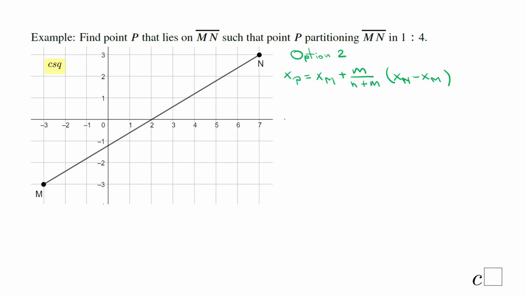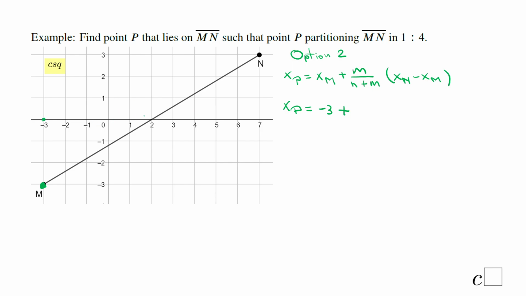And now let's put them in. If you need to label and identify, go ahead. And we have xm, which is the x coordinate of this point m, which is, if you notice, -3. Let me show you that here. Plus m over n plus m.